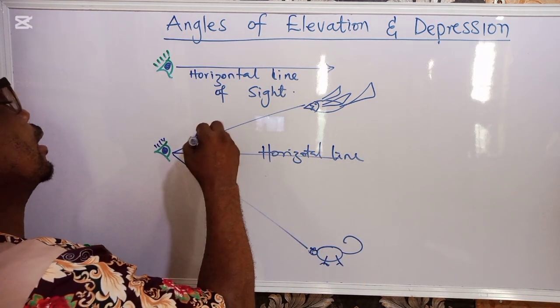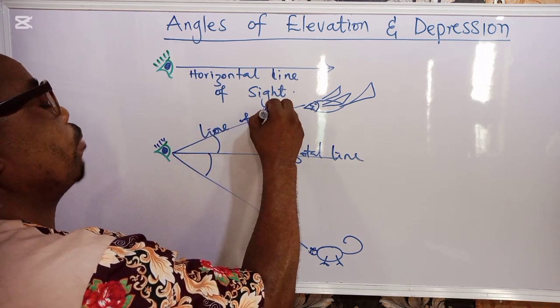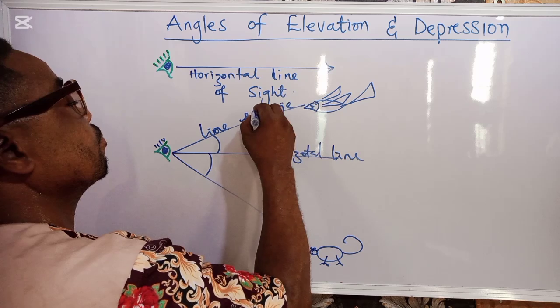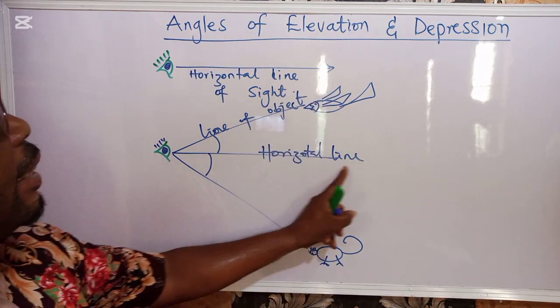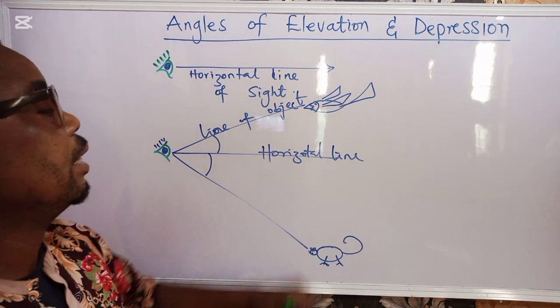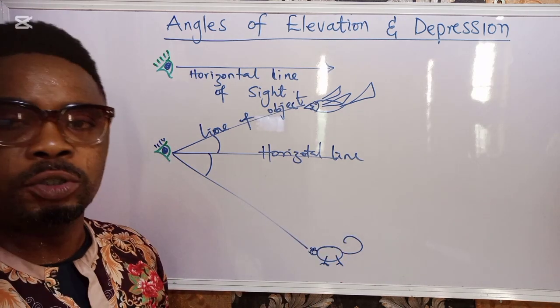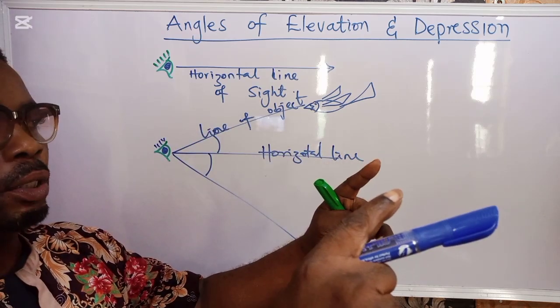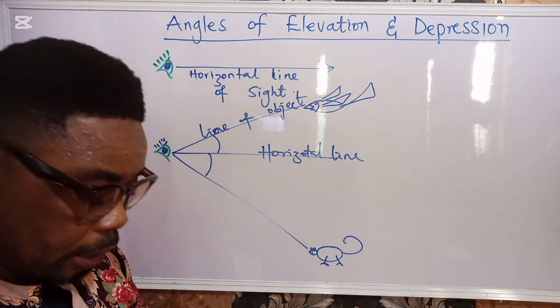Then this is the line of sight of the object, and this is the horizontal line of sight. Let us know that first. You are meant to be looking straight, you are distracted to look, or deliberately you look up, you look down.